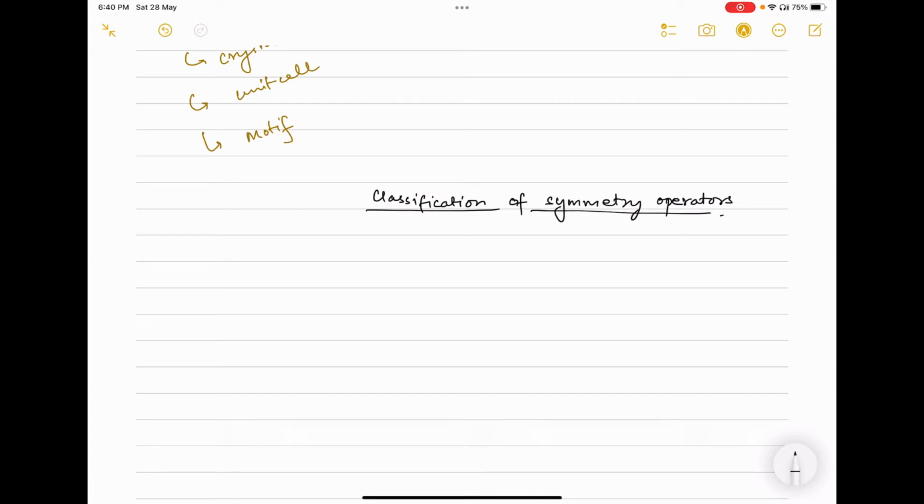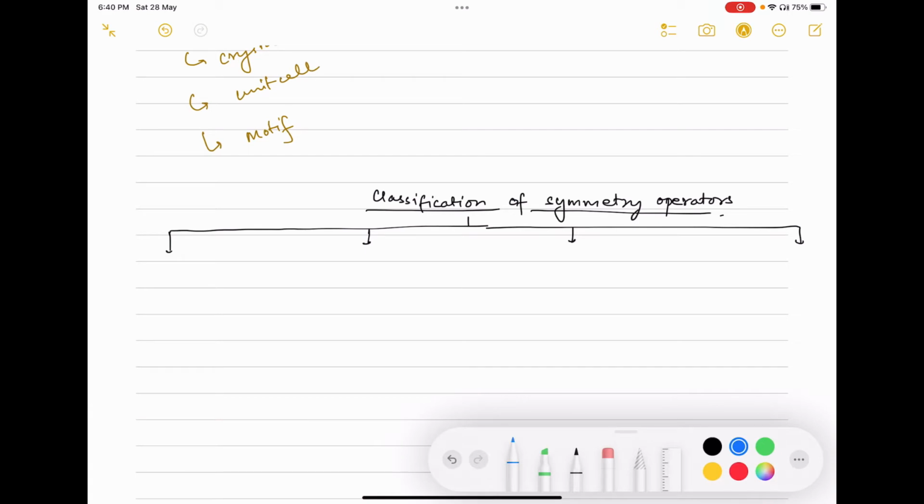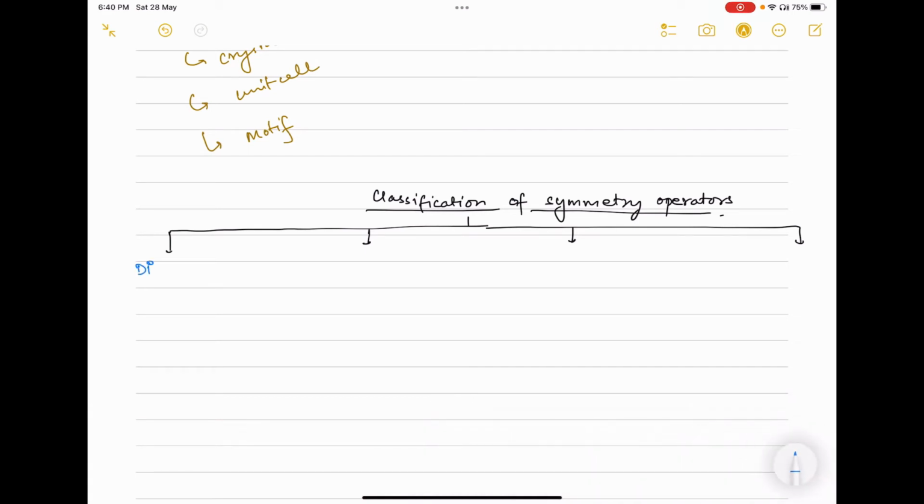They are classified based on different aspects. Let us go through each one of them individually. They are classified based on the dimension of the operator.